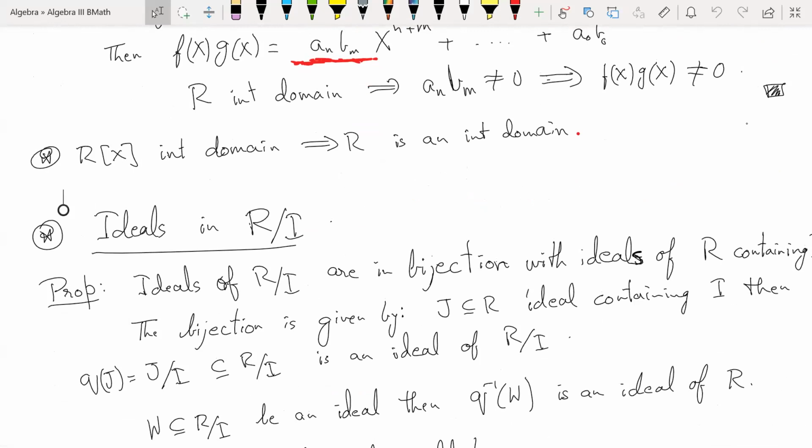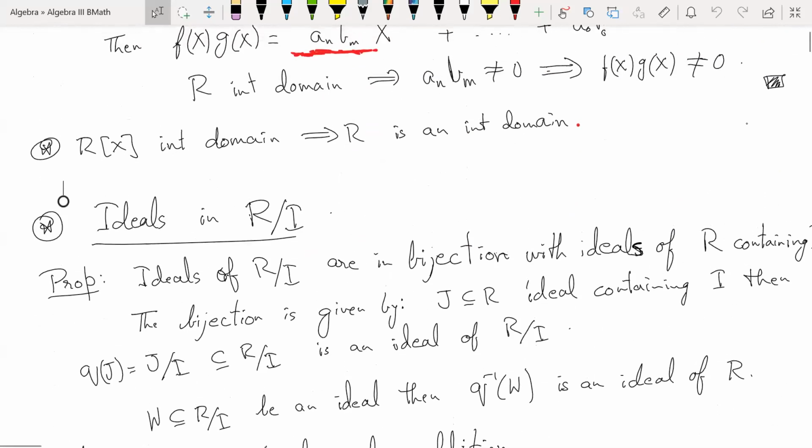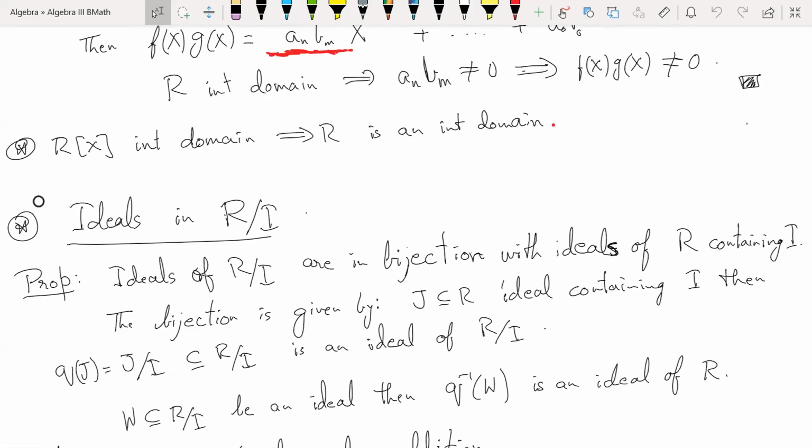Ideals of R mod I are actually in bijection with ideals of R containing I. So there is a one-to-one bijection between ideals of R mod I and ideals of R containing I. Maybe one can write down some example.